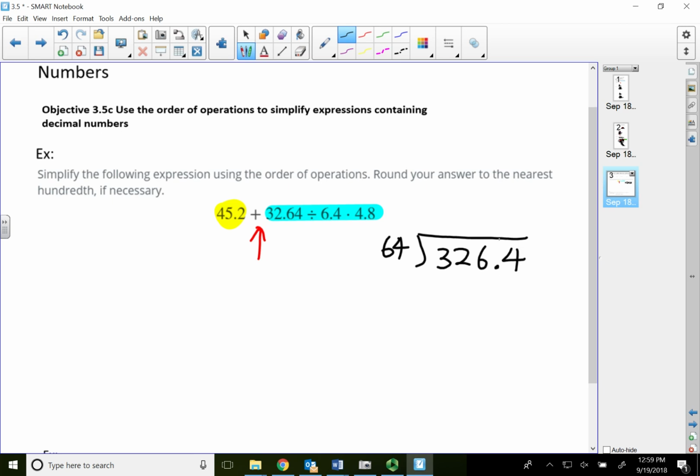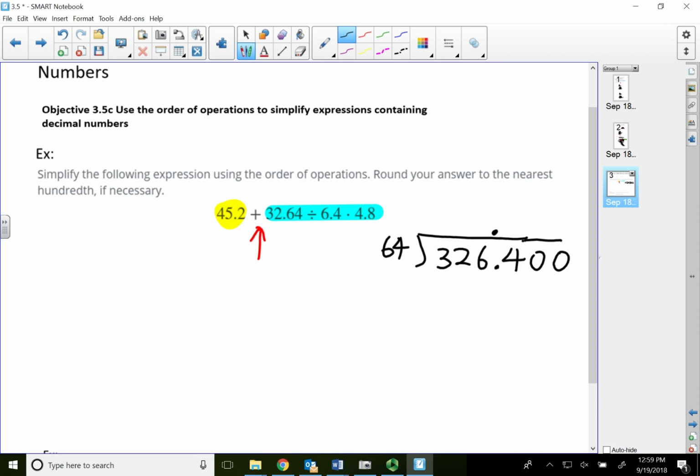My decimal is right here. Round my answer to the nearest hundredth, so we have to keep that in mind. If I need to continue to divide, I do need the hundredth place, and I might need the thousandth place, so I know how my hundredth place is going to be rounded.